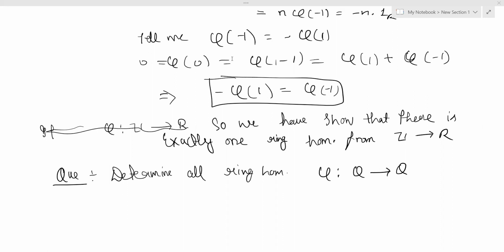We have to determine all homomorphisms. Sai Ganga.